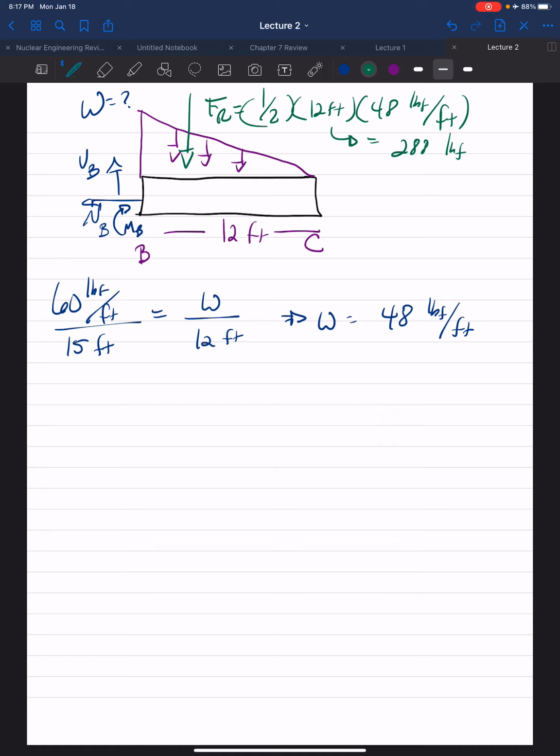Okay, so now we can begin working. Using our equations of equilibrium, sum of our forces in the x direction equal to 0. We have negative NB equal to 0. Therefore, NB equals 0.